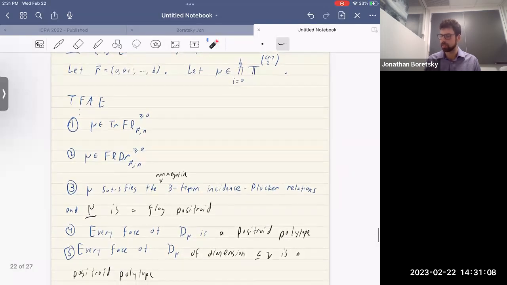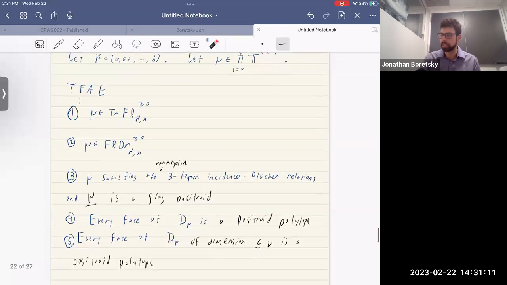The tropical flag variety is always a subset of the flag Dressian because there are more restrictions. There is a version of 3 which says that mu satisfies basically, and this would be equivalent to being in the flag Dressian. So there's some version of 2 equals 3, which says something about the three-term relations, and then the relations of nearby ranks, where ranks are next to each other.